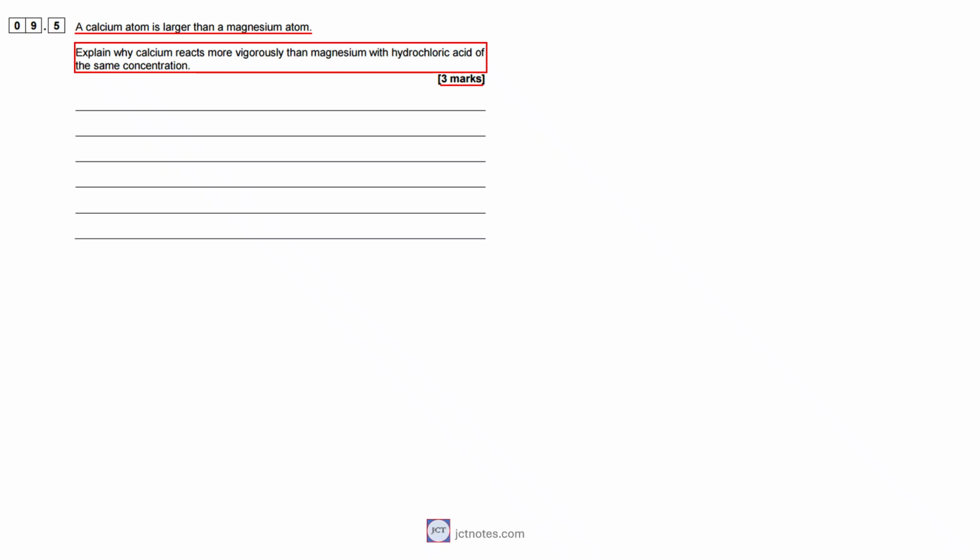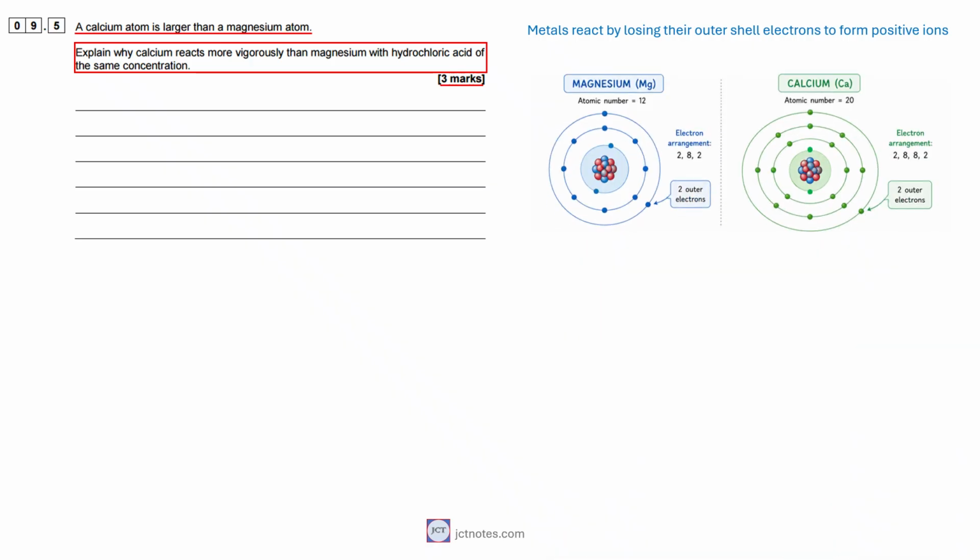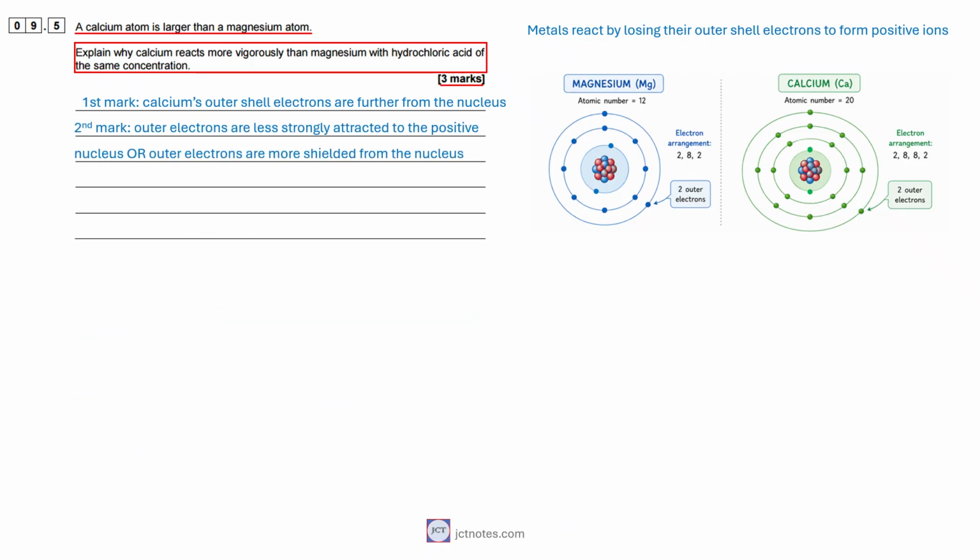To understand this trend, we need to think about what happens when metals react. Metals react by losing their outer shell electrons to form positive ions. For our first mark, we must look at the physical distance. Because calcium has more shells, calcium's outer shell electrons are further from the nucleus. You can also say calcium has more energy levels. For the second mark, we connect this distance to electrostatic attraction.